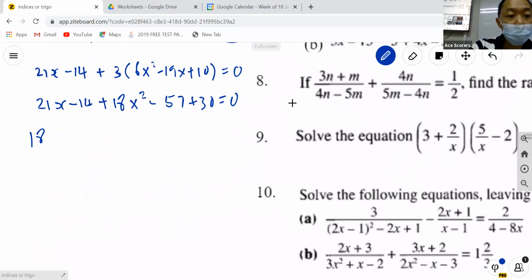You get 18x squared plus x, 21 minus 58, minus 36x minus 14 plus 30. So plus 16. Okay. So we have a totally different equation, right?